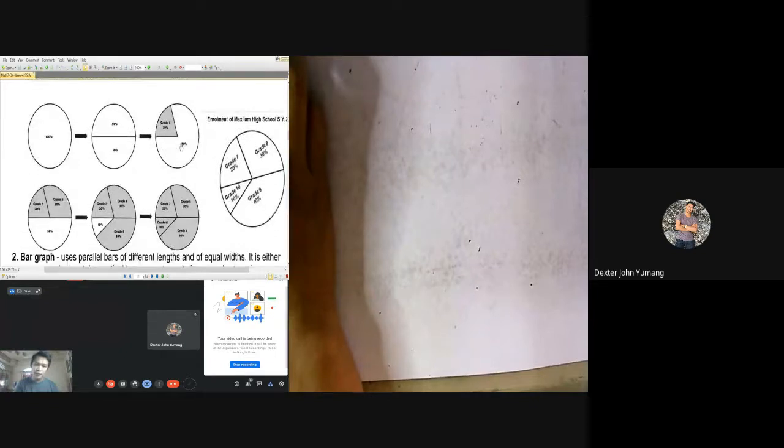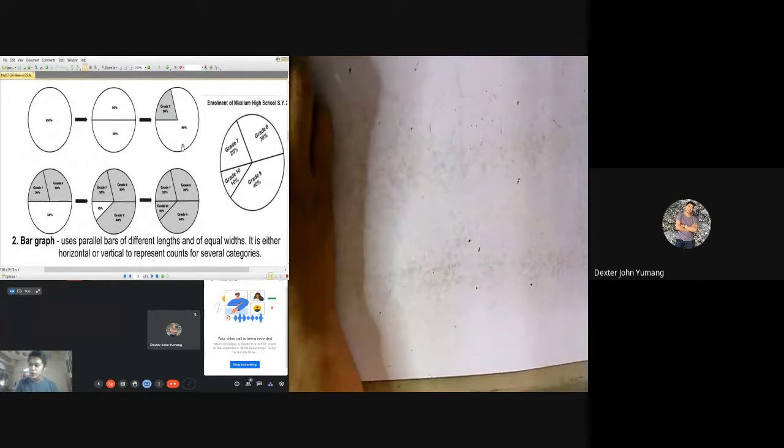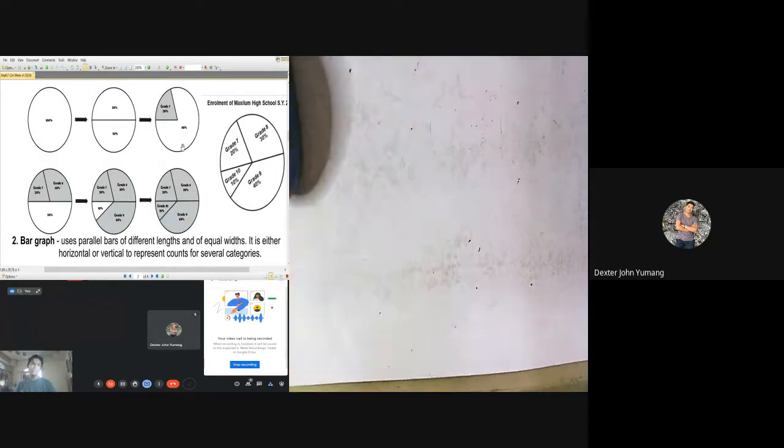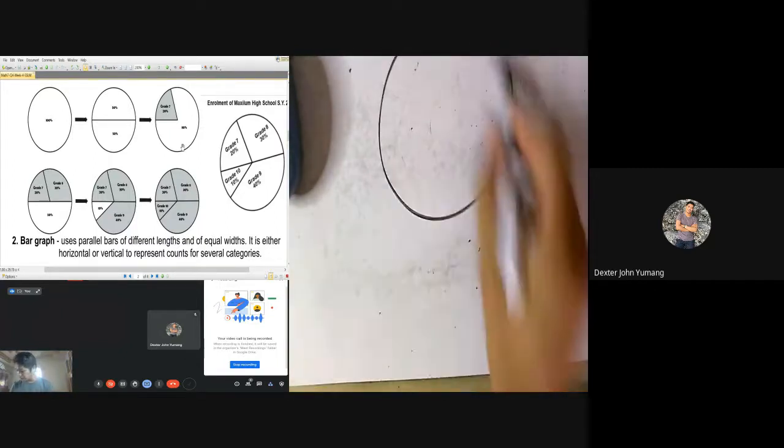So let's start now to construct our graph. Take a look at this example. Using your compass, I know you have already learned how to use your compass or protractor. Using your protractor, we all know that the whole circle is 100%.